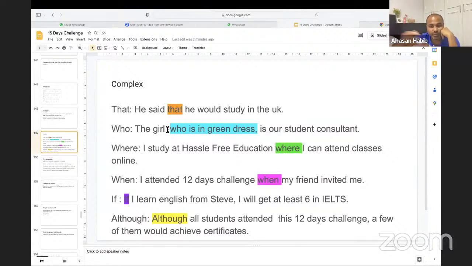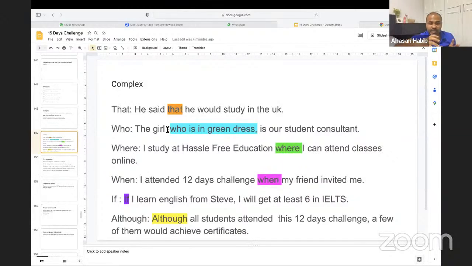So for example, who has got this many all-rounders, comma, played really well against Pakistan, right? However, the team Pakistan, comma, then extra information, comma, did really well, but they got defeated.